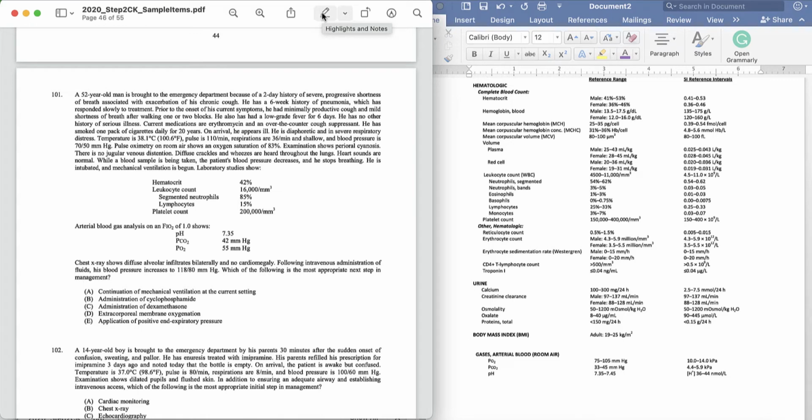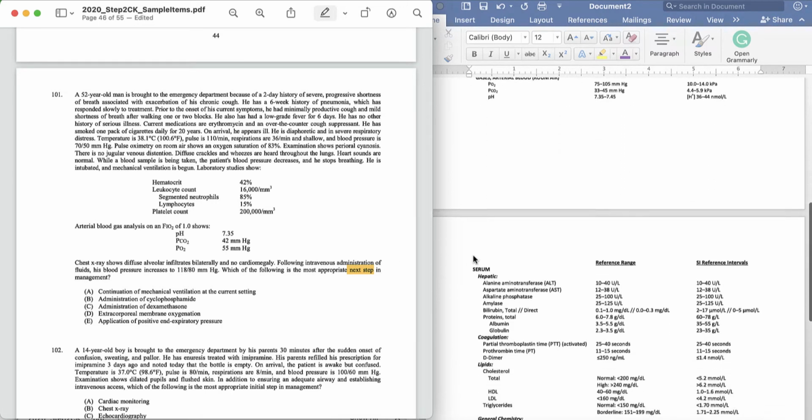I typically like to use highlights, but you don't have to. So the main question is, which of the following is the most appropriate next step? That's the key part of the stem. We're going to focus on management.